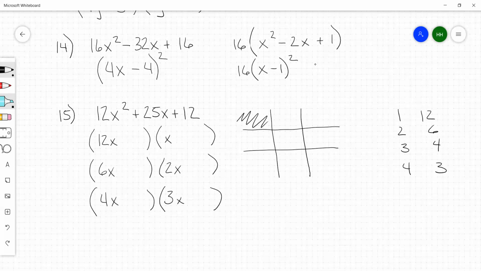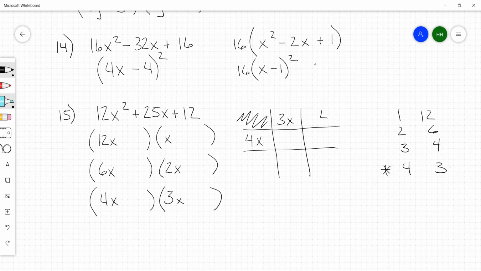Here's what I'm thinking. I'm seeing this 4 times a 4 is a 16. 3 times a 3 is a 9. 16 and 9 gets me 25. So I'm going with the 4x and the 3x. And I'm going to start with the 4 and the 3 to start off. All right, and I know I want 4x times 4.